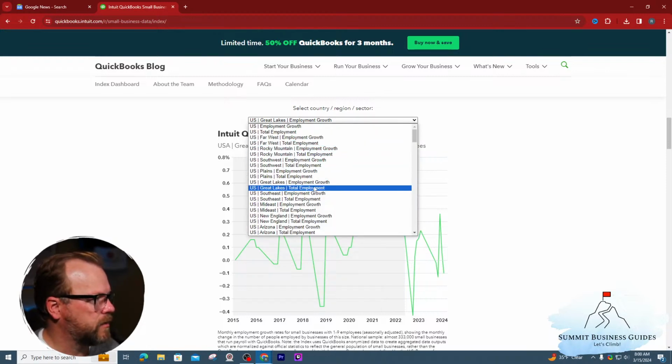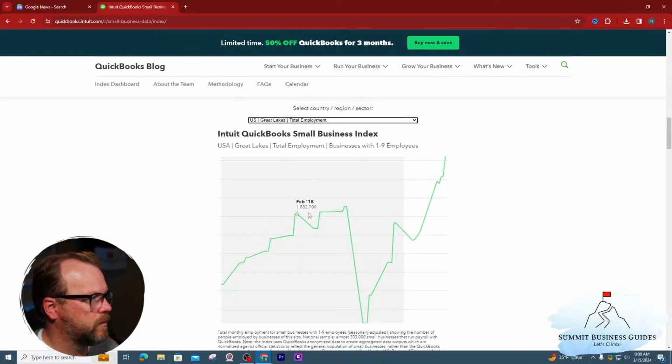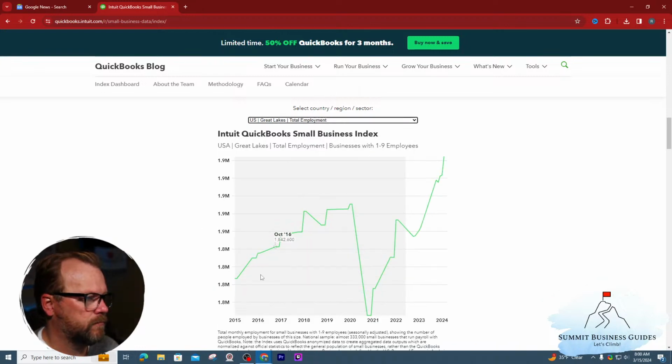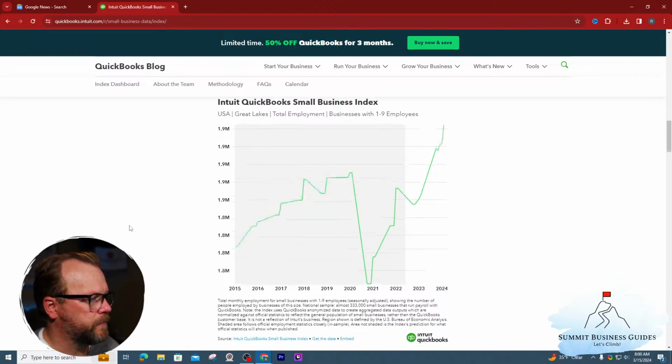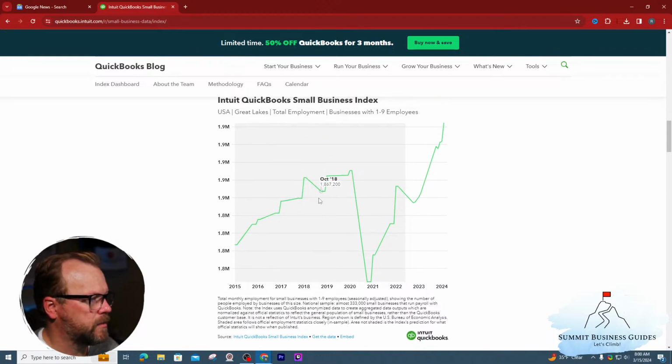But let's look again, we looked at growth, now total employment. Again, just look at those numbers. Coming out of basically October 2022, 1.9 million. I really only like to look at about '19.